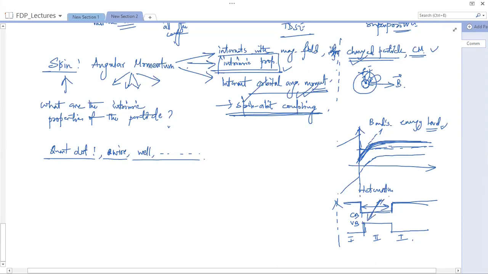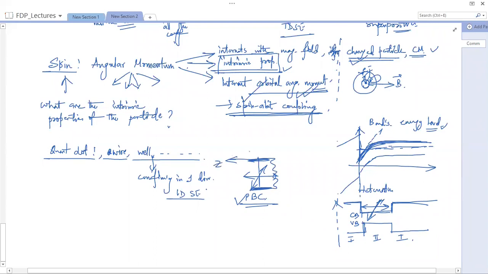So a quantum well is confinement in one dimension only, and you solve only the one-dimensional Schrodinger equation, in the position along the confining direction. In the other two dimensions you use periodic boundary conditions, and in the confining direction you solve for whatever potential V(x) it is.